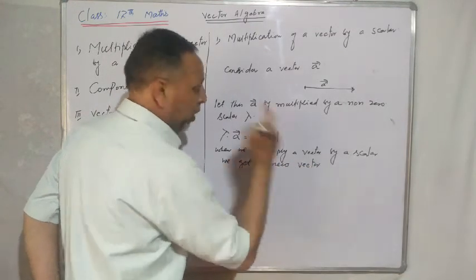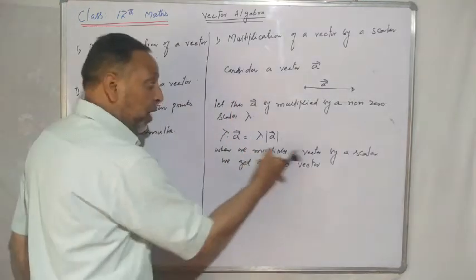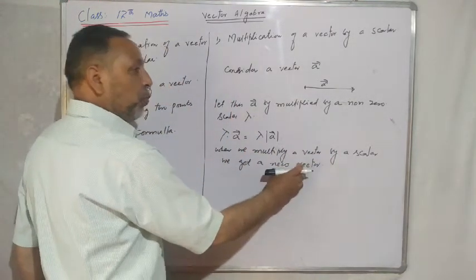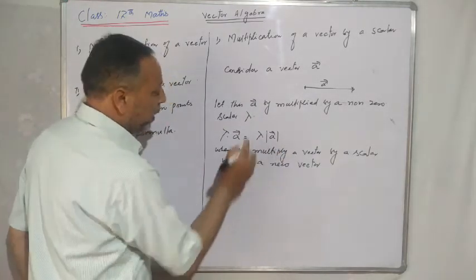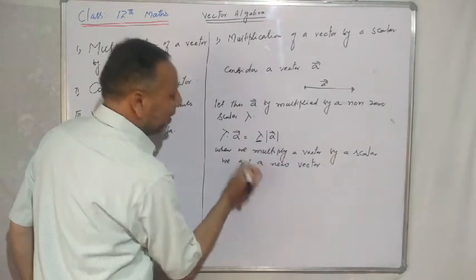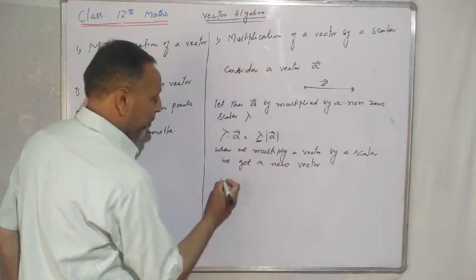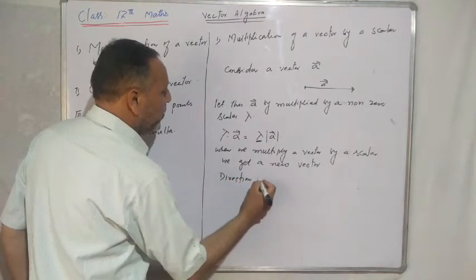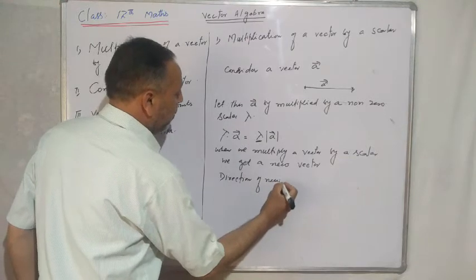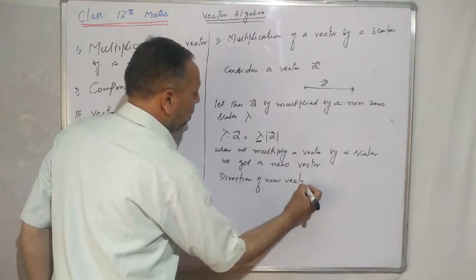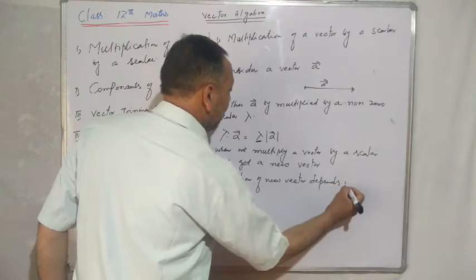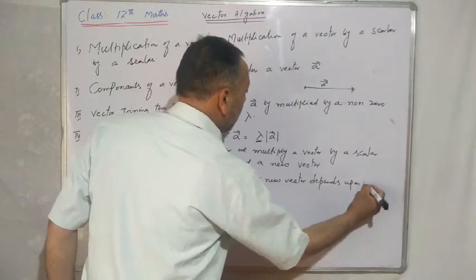We always get a new vector. And the direction of this new vector depends upon the value of lambda.